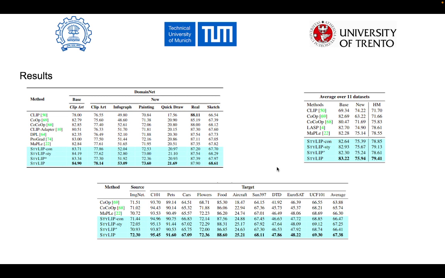Then we try to see how the model performs across domains for the domain generalization task. Let us suppose we have taken base classes from clipart as the training set, and then tested over the new classes of the other domains of DomainNet, and we clearly see that STYLIP outperforms other prompt learning methods like CoOp, CoCoOp, even DPL, by a fair margin.